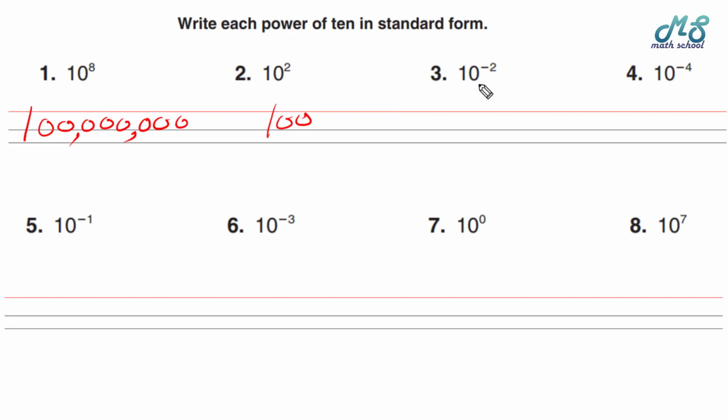10 raised to the power negative 2, we studied before, we have 0.01. 100th with the THS. 10 raised to the power negative 4, so we have 4 decimal places.